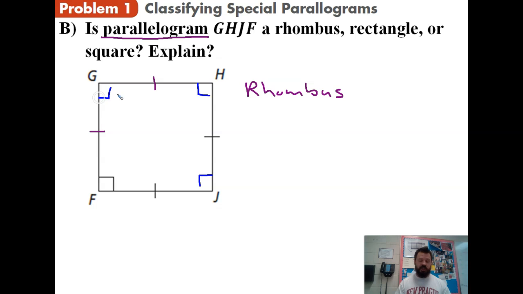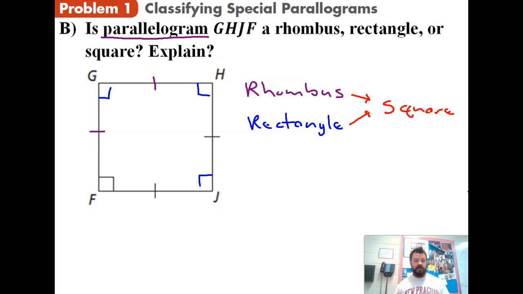Same thing, G will be 90. That means I'm also looking at a rectangle. Now if it's both a rectangle and a rhombus, we won't say it's a rectangle or rhombus, we'll just say it's a square. That's how we'll think about checking for a square: we'll do a rhombus check, we'll do a rectangle check, and if it's both, that's where we'll say it's a square.